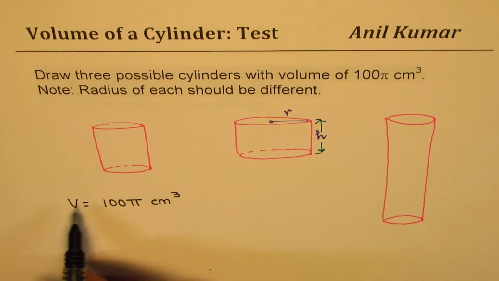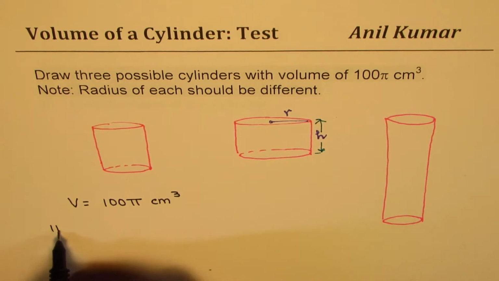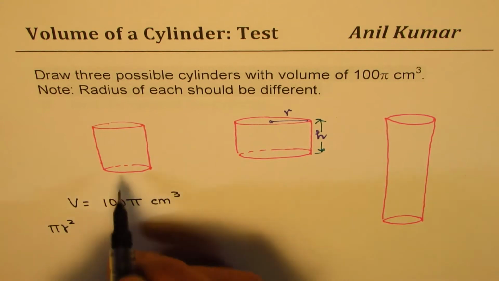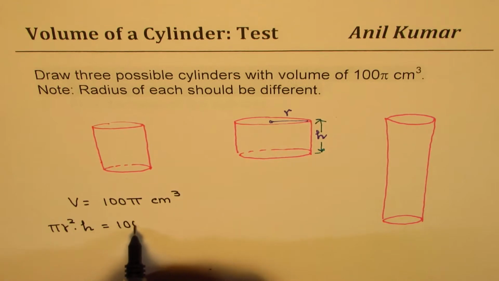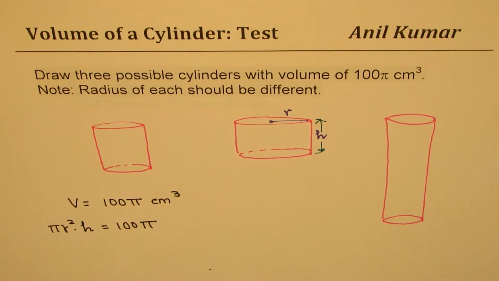Now the formula for volume is pi r square, that is area of the circle, times height. That is equal to 100 pi. So you can see pi and pi can cancel.